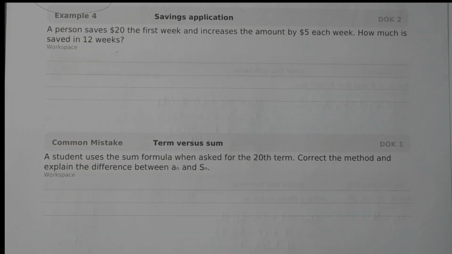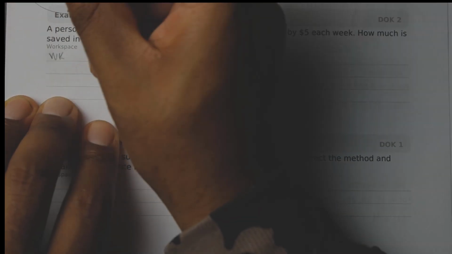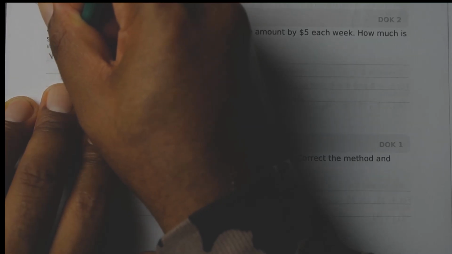So a person saves $20 for the first week and increases the amount by $5 each week. How much is saved in 12 weeks? Okay, so the weekly amounts form an arithmetic sequence. So week 1, $20 is saved.